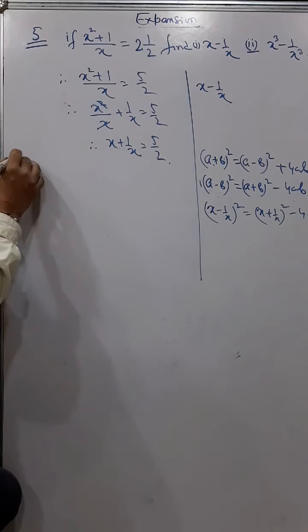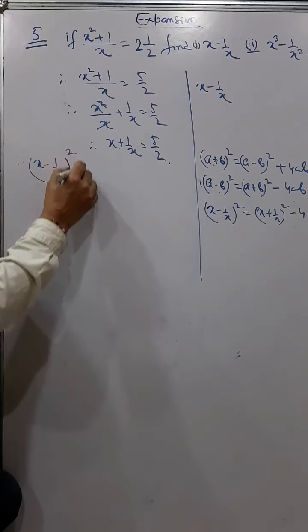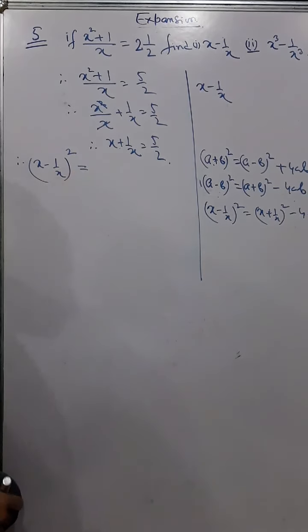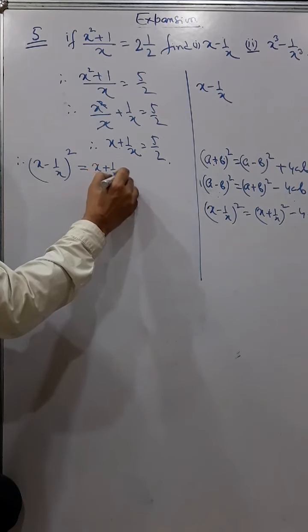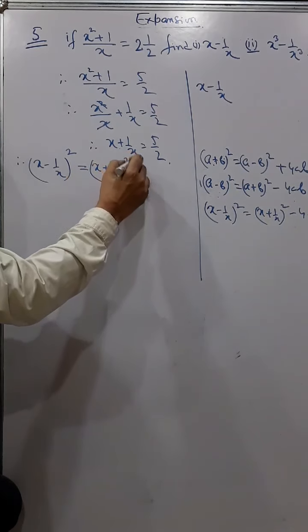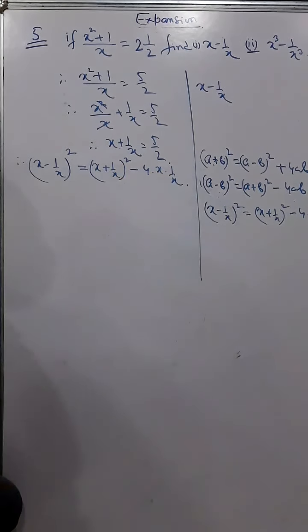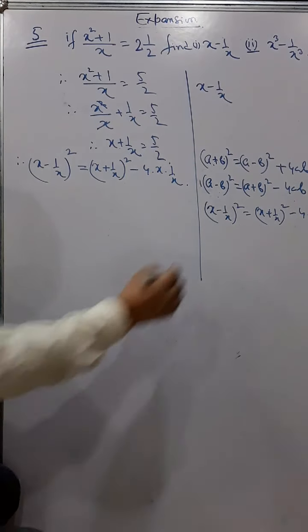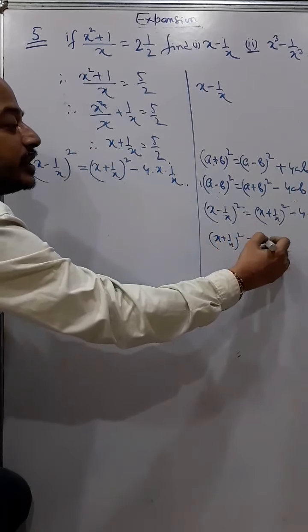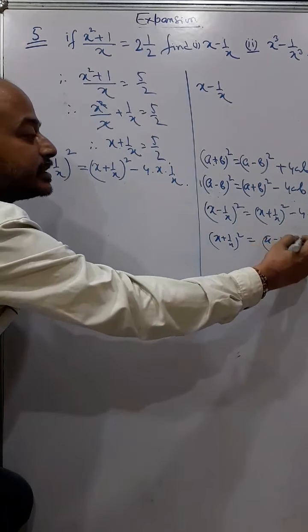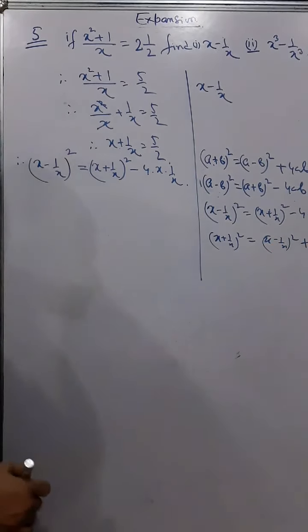That other method I will explain to you later. So I can directly use this formula: what do I get? X plus 1 by x whole square minus 4 into a into b. And if you require x plus 1 by x, then here it will become x minus 1 by x, and here it will become plus 4 into a into b.